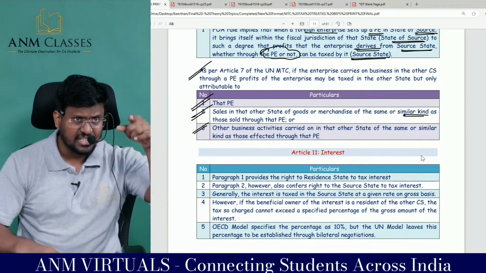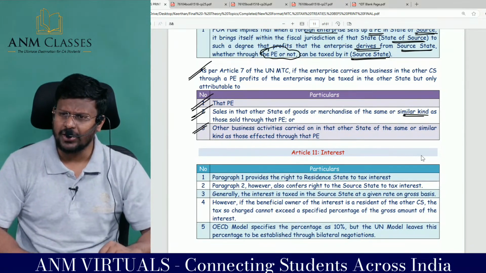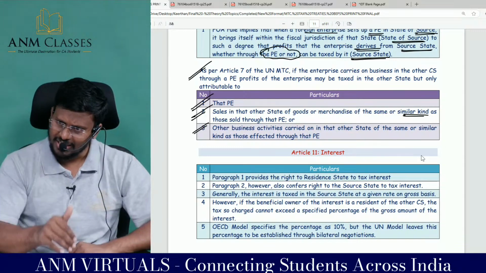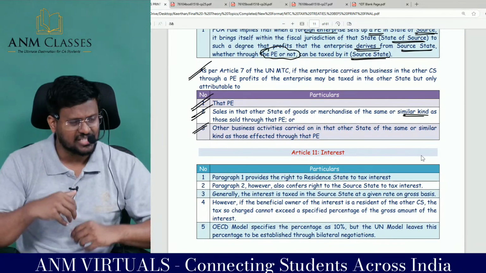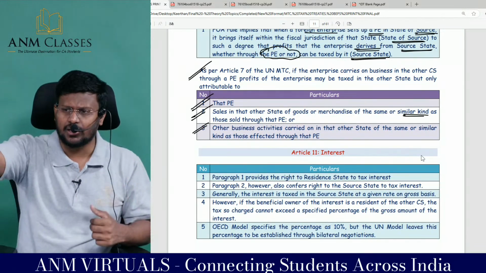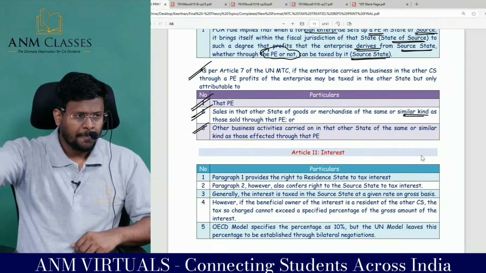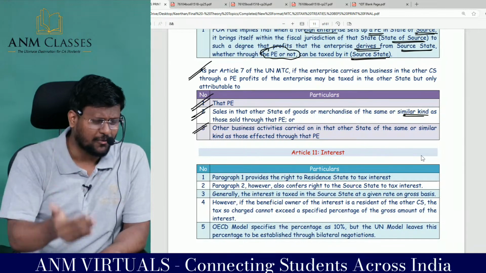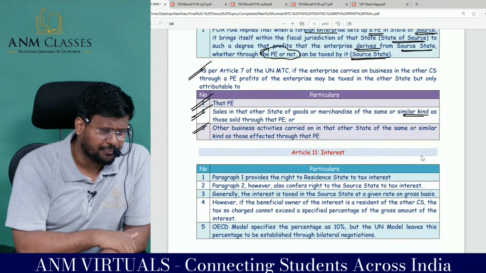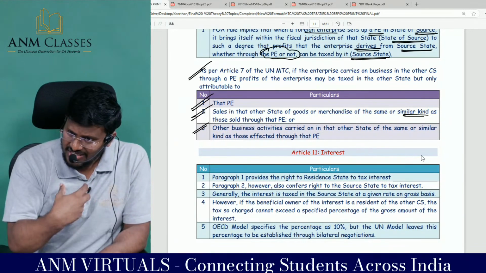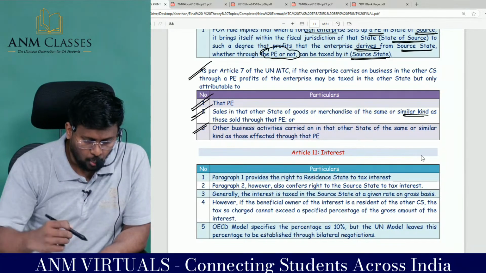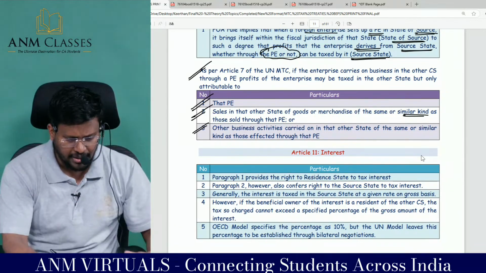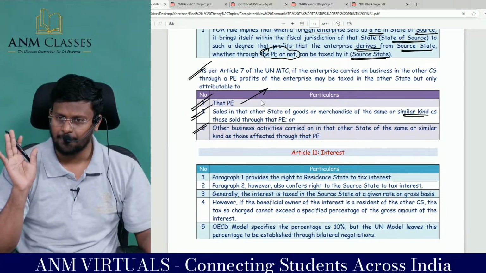Sir, the sales that the foreign PE is making will be taxed in India. The business activity that the Mauritius PE is doing, that is what the law of force of attraction covers. That is our sales, correct? So whatever real sales are made at our PE will be taxed in India.